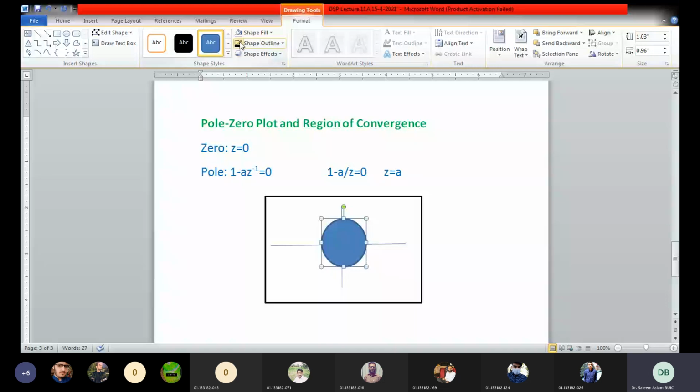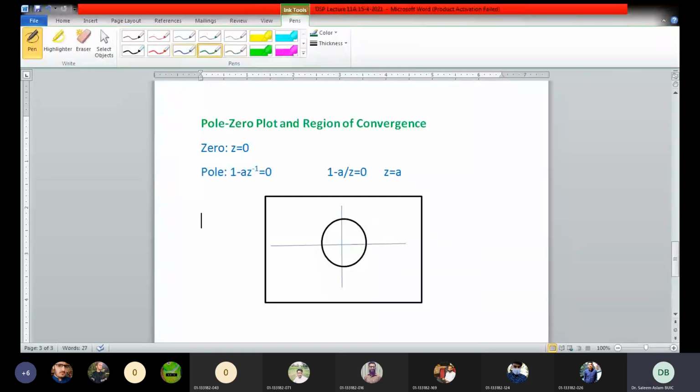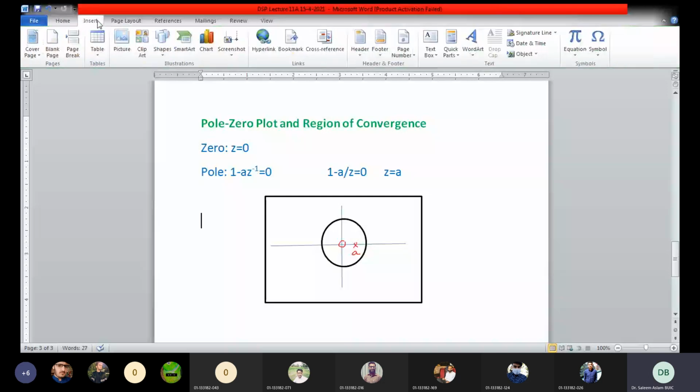This is r is equal to 1. Let me draw the zero. This is your zero. And let's assume a is equal to this one, pole at a. Right, so if you want to plot its ROC, you need to draw a circle at the location of the pole.